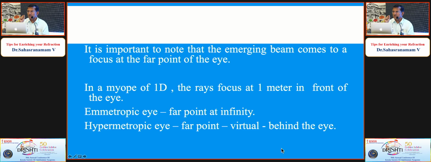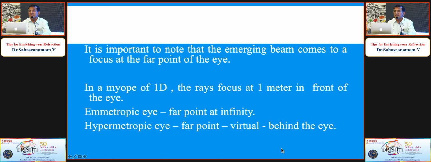Which means you have made the patient at neutralization myopic to the extent of -1 diopter. We will see this again. Suppose I told you the patient can be myopic, hypermetropic, or emmetropic. So you see the second line.